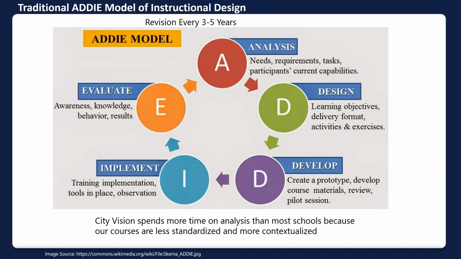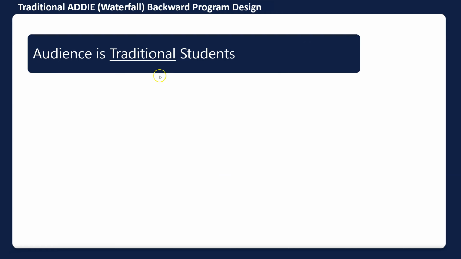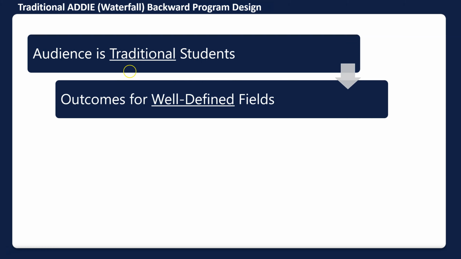So one thing to realize with City Vision, we spend a lot more time on analysis than most schools because our courses are less standardized and more contextualized. The traditional ADDIE, or what's called Waterfall in project management, follows backward program design. Part of the reason why that can work is because you have an audience that is known, and that's traditional students. And then you have outcomes for well-defined fields.